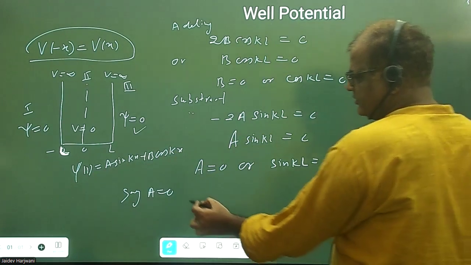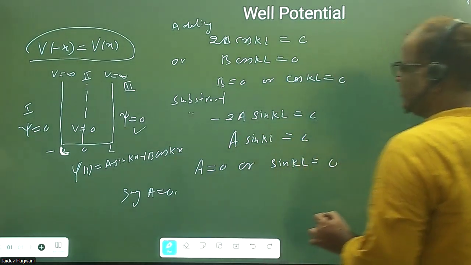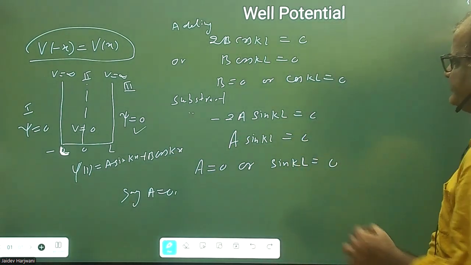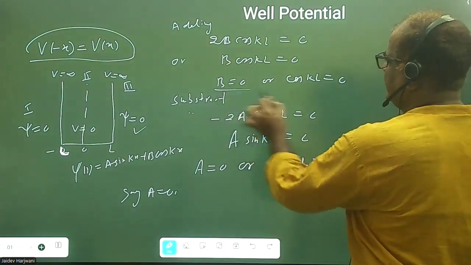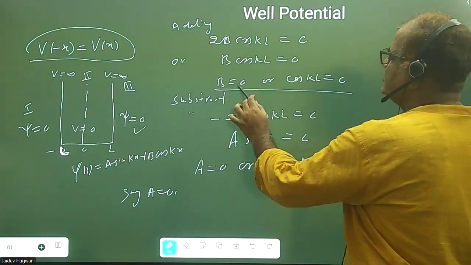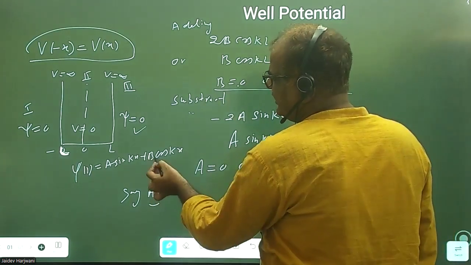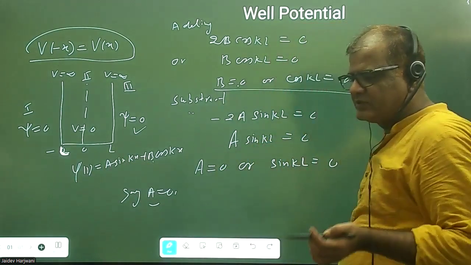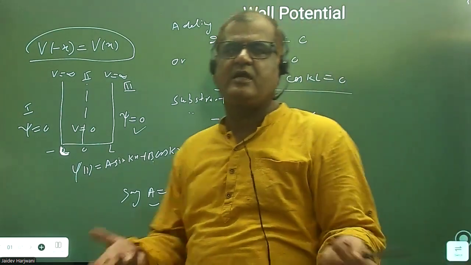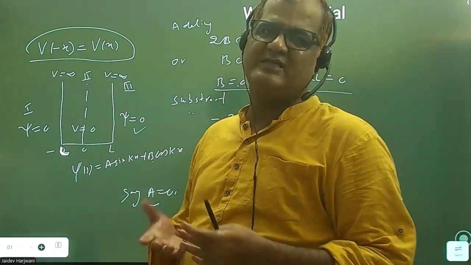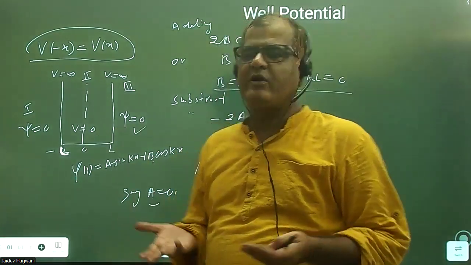So if a is 0, then we can go here: either b is equal to 0 or cos KL equals 0. We already took a as 0, so if we take b also 0, then psi becomes 0. That is not normalizable. This is a trivial solution, so we will not take b equal to 0.